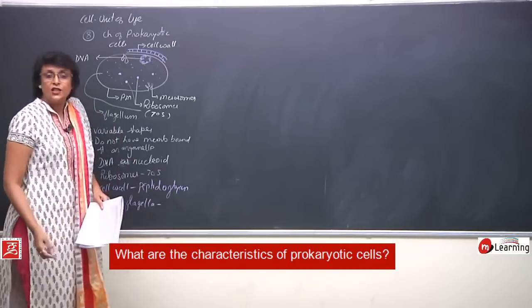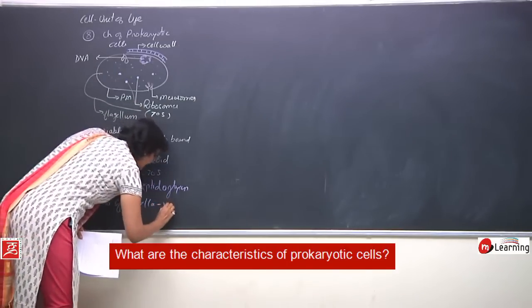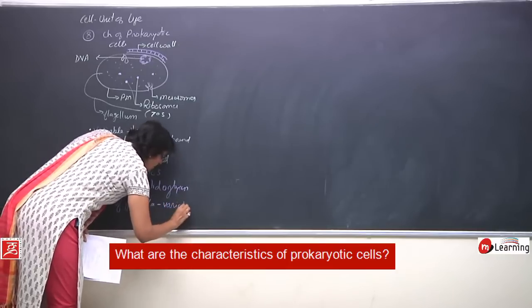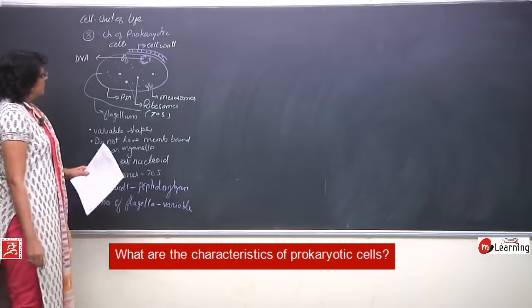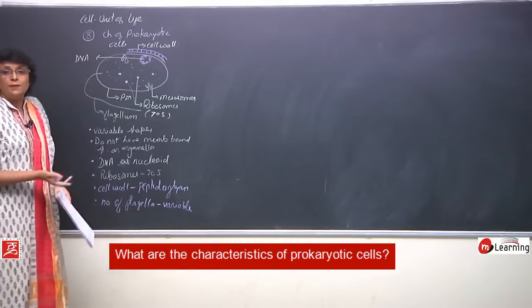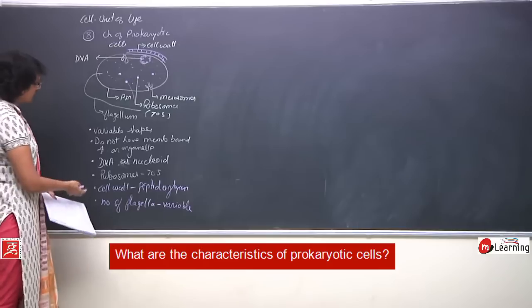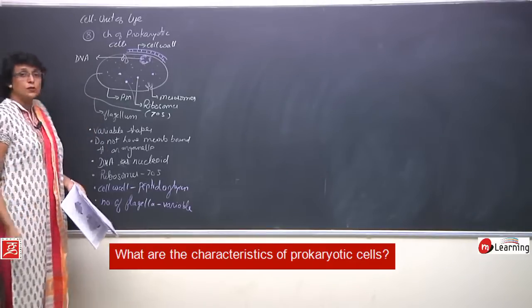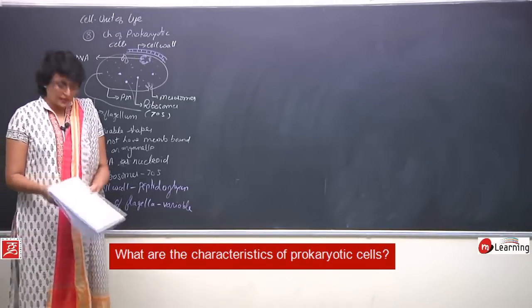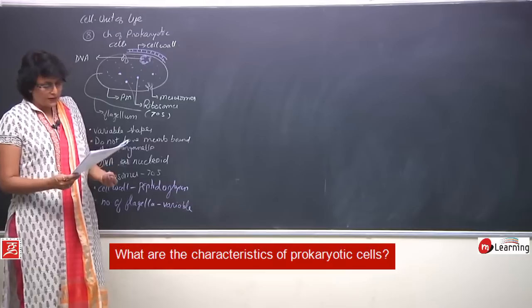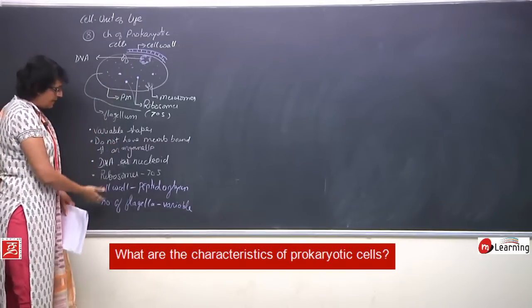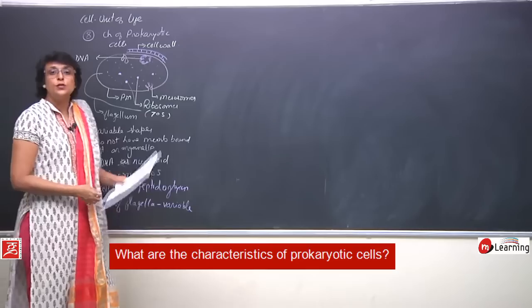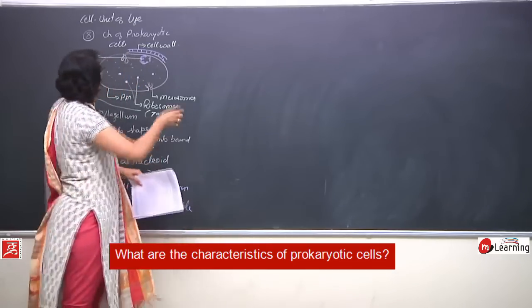It can be one flagellum or many. So, this is variable. No membrane bound structure. So, all these things would become the characteristics of a prokaryotic cell. So, our question was, what are the characteristics of prokaryotic cells? So, we have drawn it, plus we have written down all the points which are there in a prokaryotic cell.